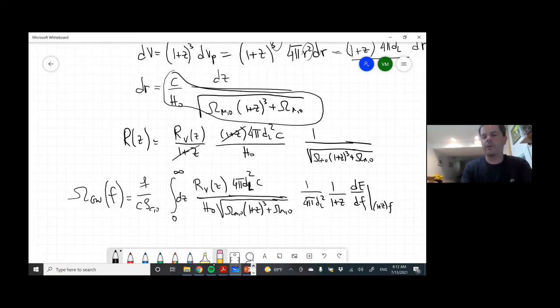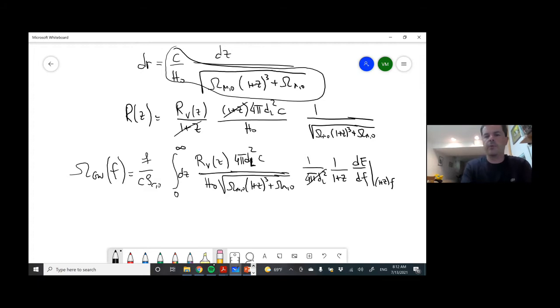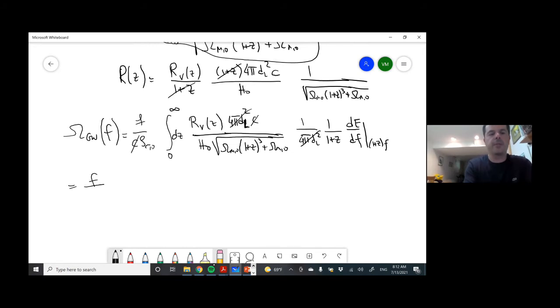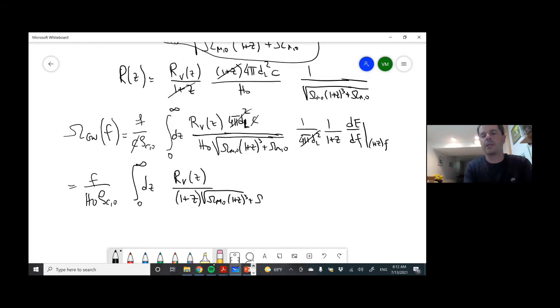Okay, so now a few things cancel. The 4 pi d_L squares cancel. The c's also cancel. And what we're left with is f divided by H0 times rho c0, okay, times the integral over the redshift. And we have r_V of z divided by 1 plus z times the square root, write it out again, of omega matter times (1 plus z) cubed plus omega lambda.